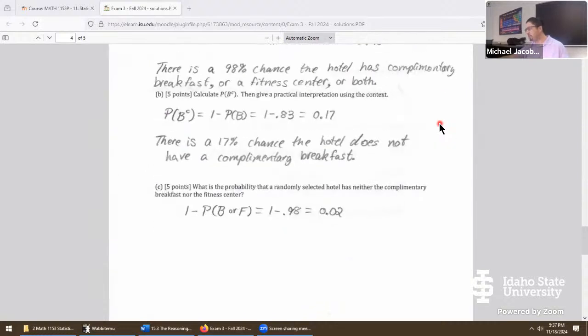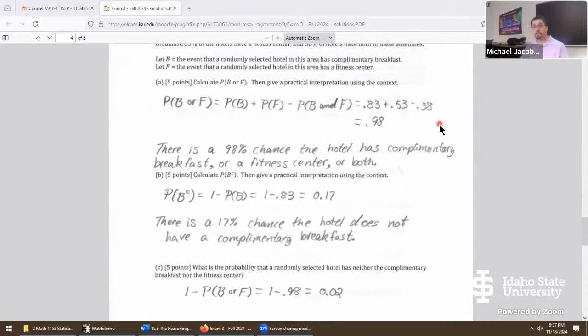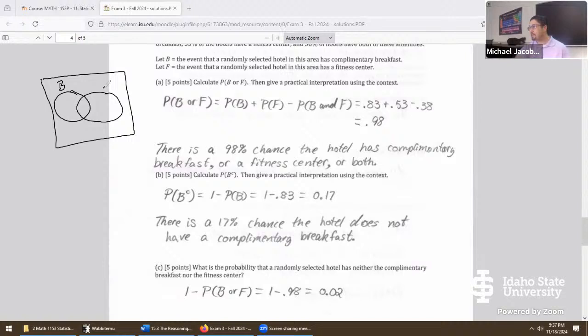It looks like I solved this one without the use of a Venn diagram, but folks that used it didn't do too badly either. Let's throw one down here just to have it while we look at this problem. We have B for complimentary breakfast, and F for the fitness center.